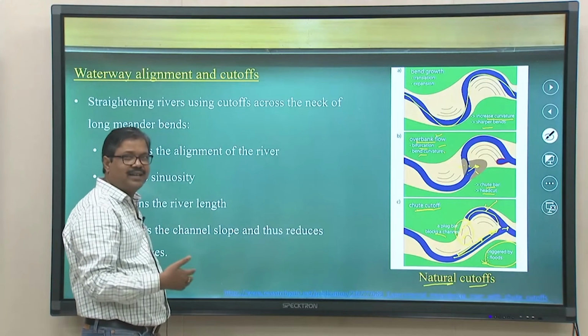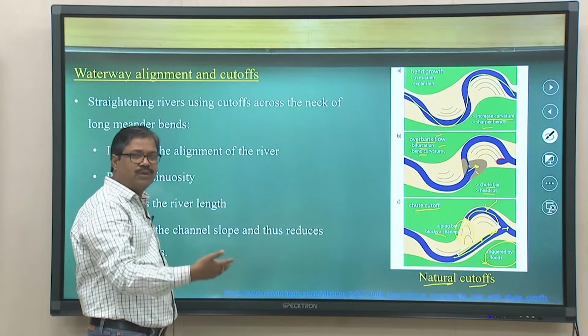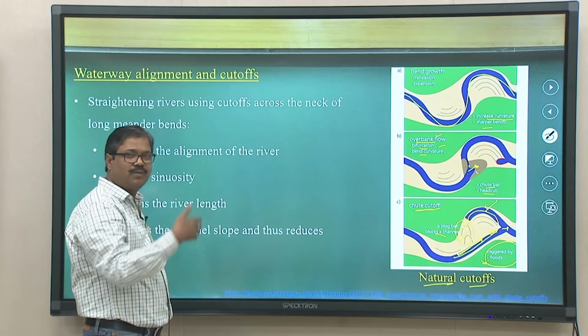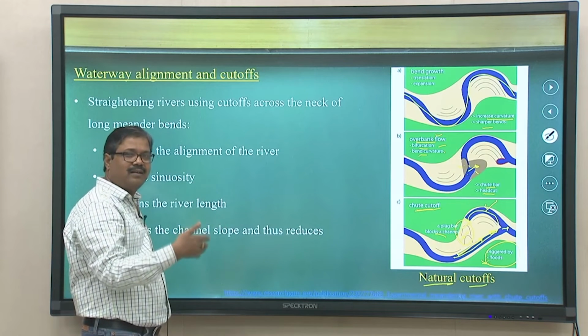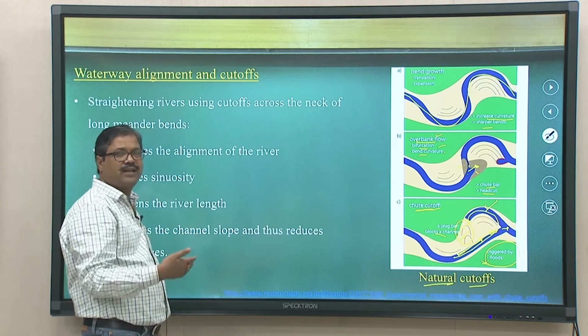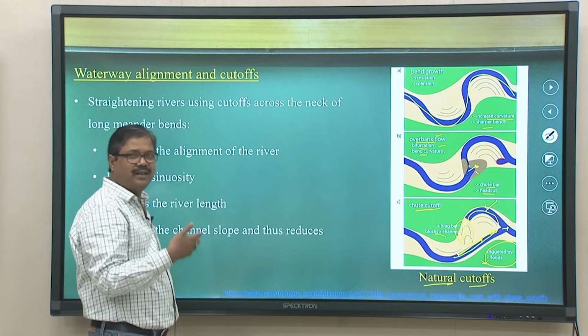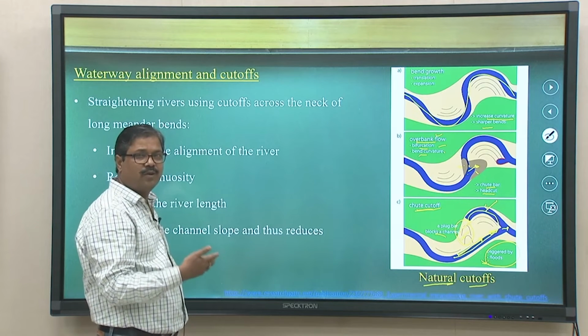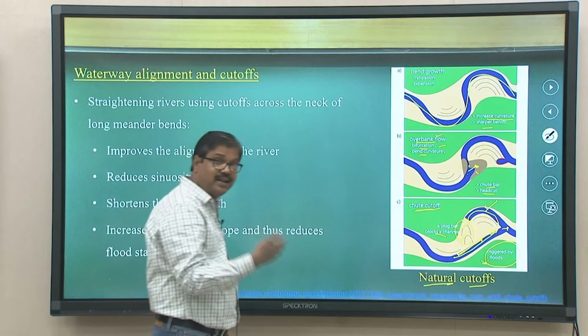So, the basic idea we learn from the river systems: we try to understand the morphology of that particular river and how the natural cutoff process happens. The same cutoff process mechanisms we introduce artificially to the rivers. That's the idea.